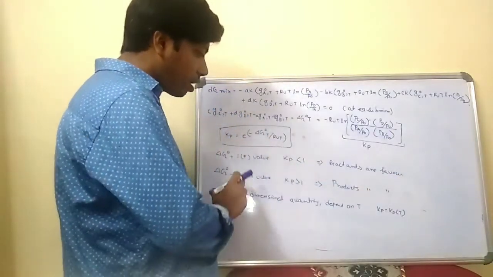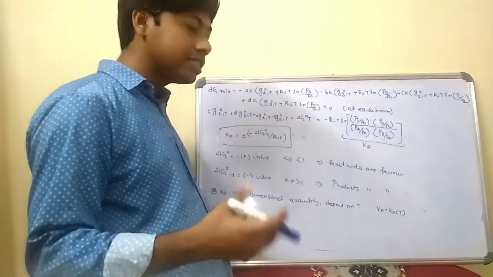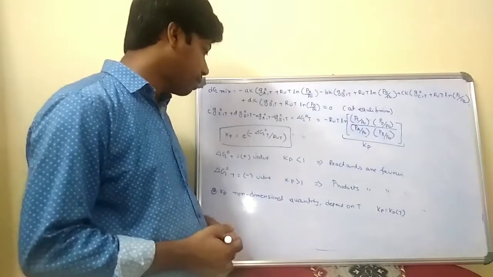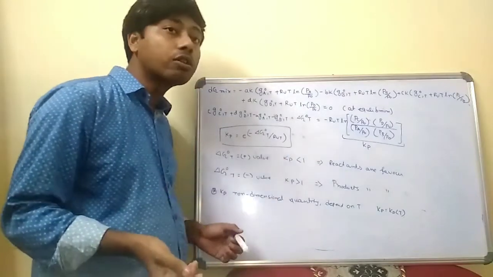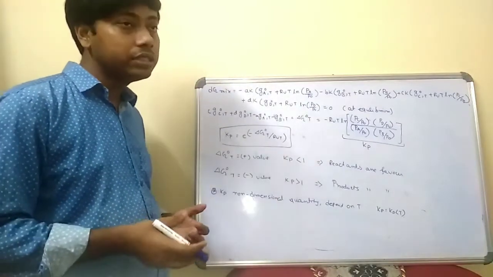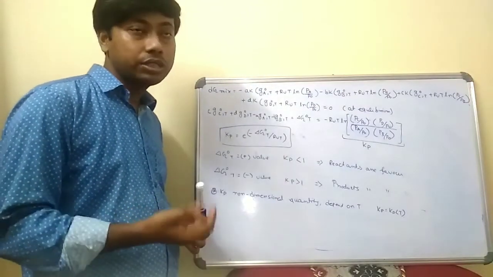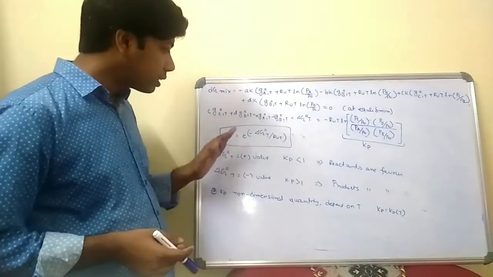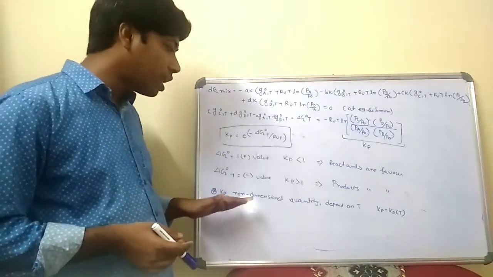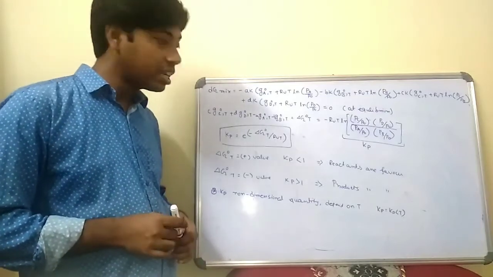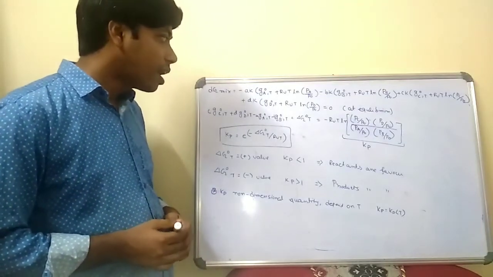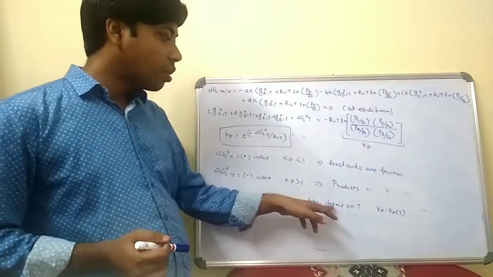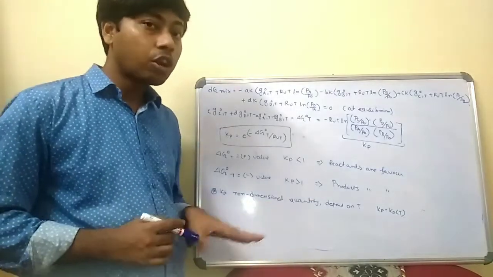In this way we can say whether it is reactant favorable or product favorable. Also, you can calculate the Gibbs free energy change for chemical equilibrium conditions. And one more thing, Kp is basically a non-dimensional quantity, and it only depends on temperature, not pressure.